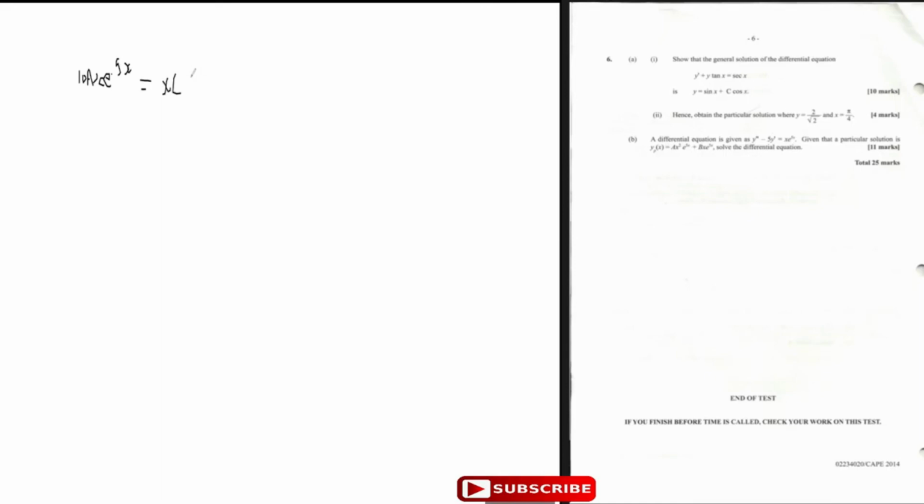And so if we divide through by x e to the 5x, we get 10a is 1, and so a is 1 over 10. All right, now that we get a is 1 over 10, what else do we need to find? We need to find b.